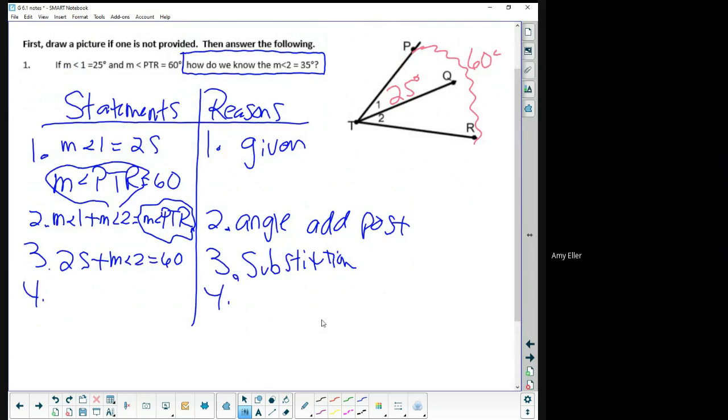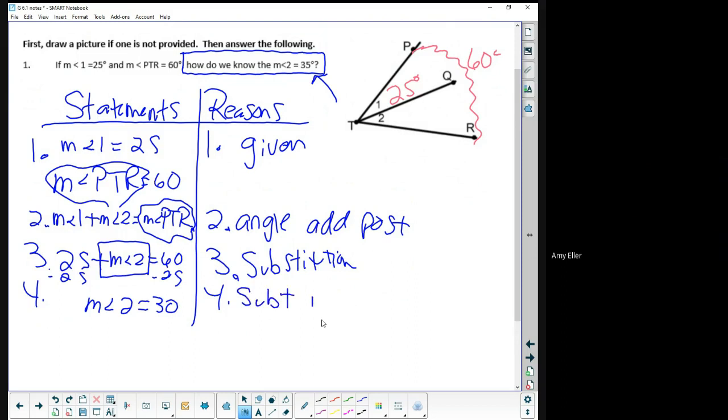Our goal is to explain, justify, prove angle 2 is 35. Is there any way I could get angle 2 all by itself on this side? Right, just subtract 25. Let's do that. Subtract 25 on both sides. And write about what you did. What's that called? Okay. Yes, good.